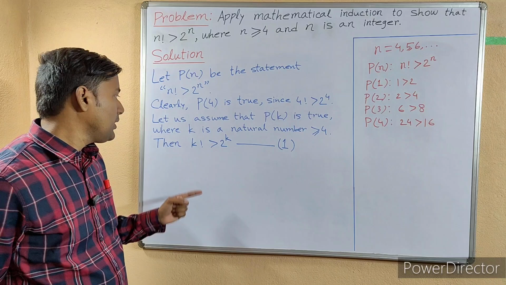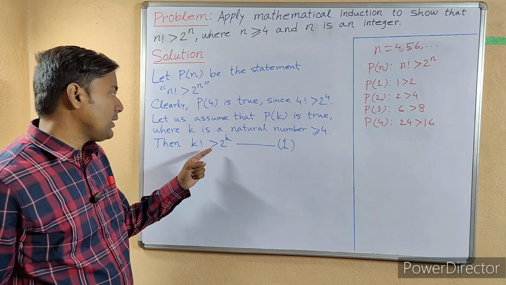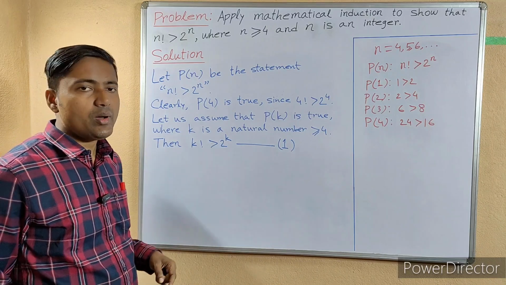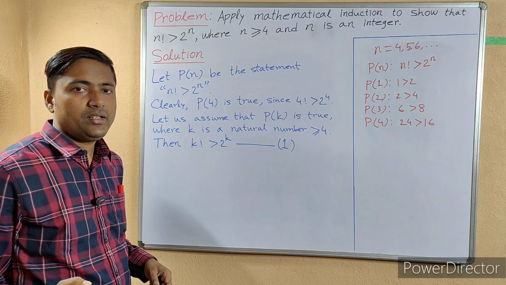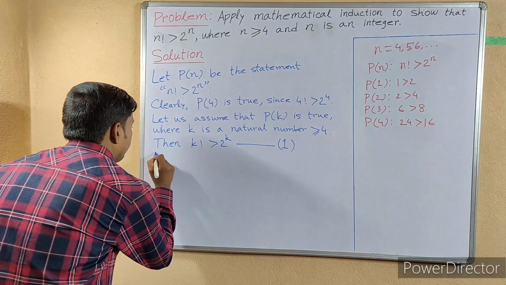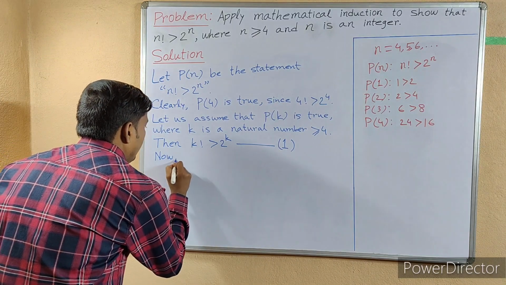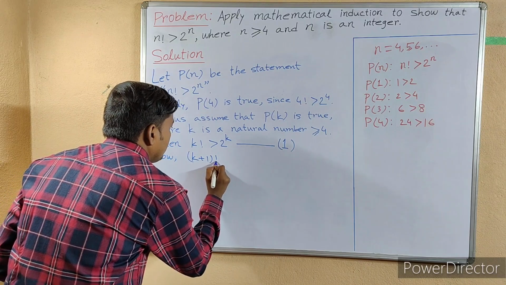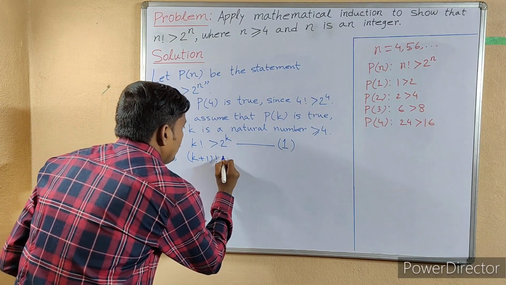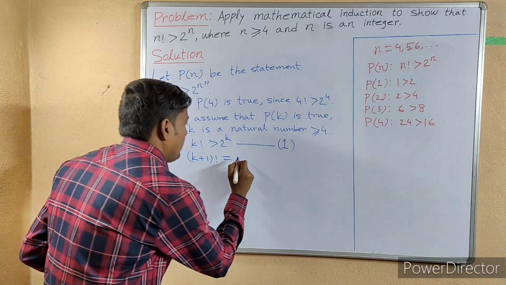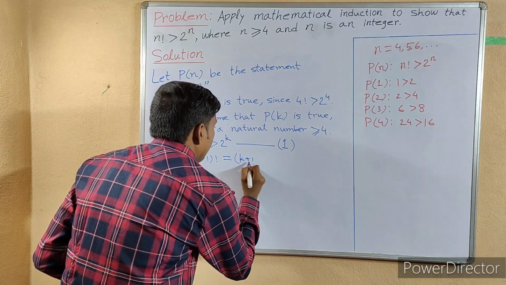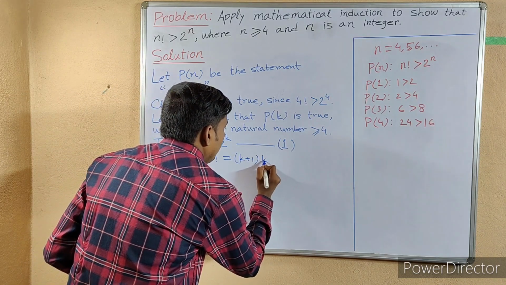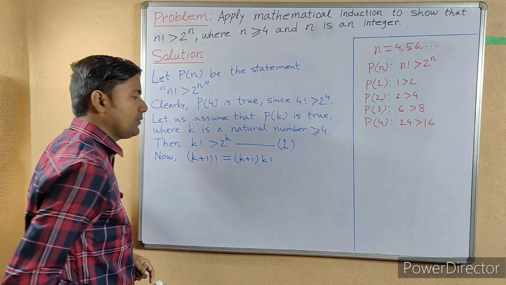That is whether factorial k plus 1 greater than 2 to the power k plus 1. Okay. Now factorial k plus 1 equal to k plus 1 into factorial k.